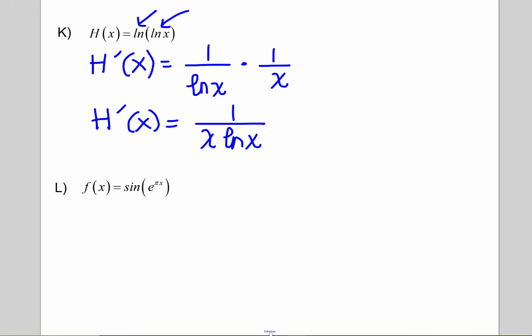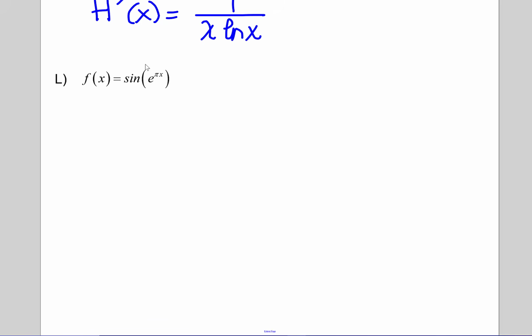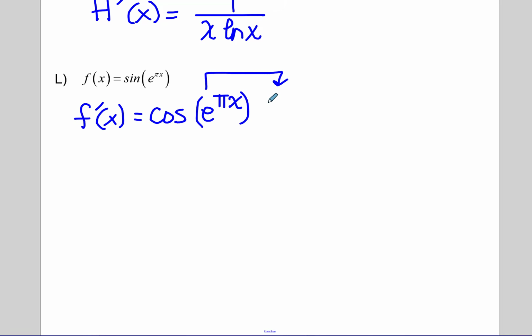Letter L, we've got a sine function with an e and then a pi x plugged into all of that. Outside derivative is cosine. Hold e to the pi x steady. The derivative of e to the pi x is just e to the pi x. We're multiplying that times the outside.